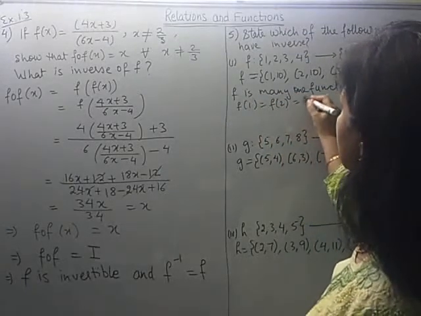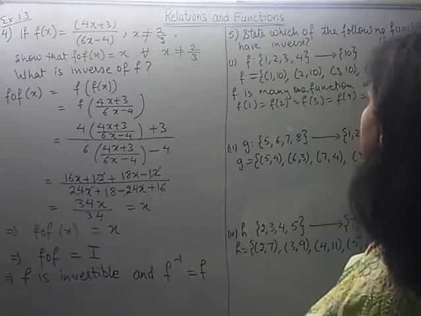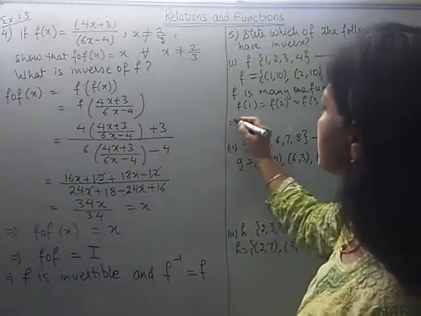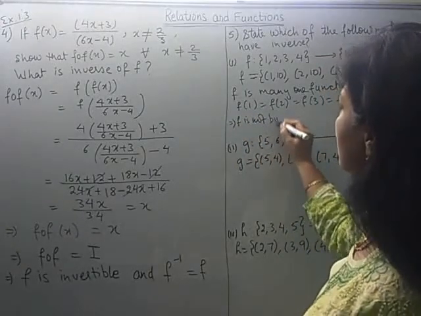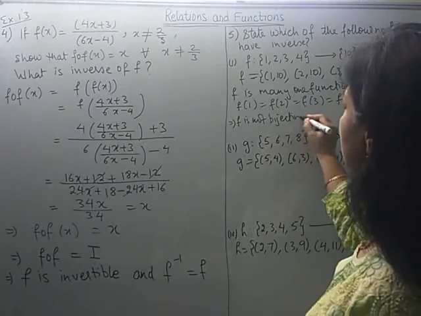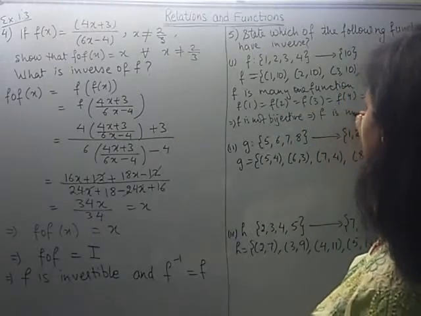F1 is equal to F2, which is equal to F3, which is further equal to F4, which is equal to 10. This means F is not bijective, hence not invertible.